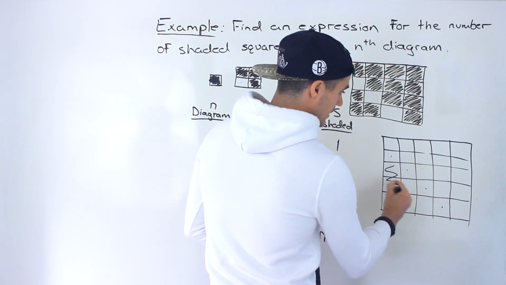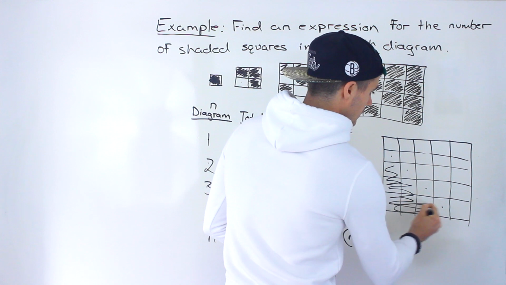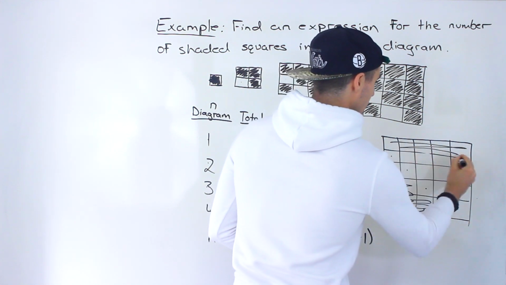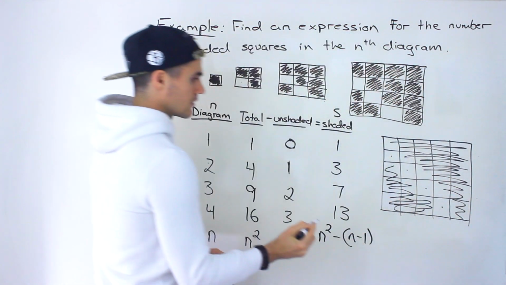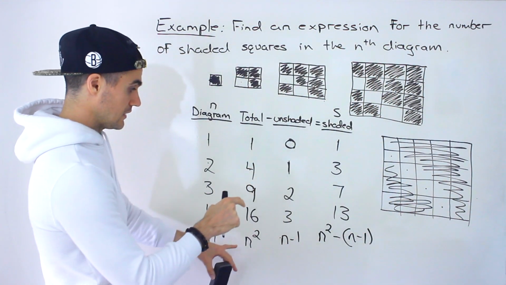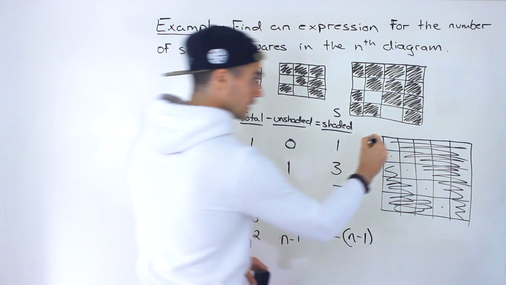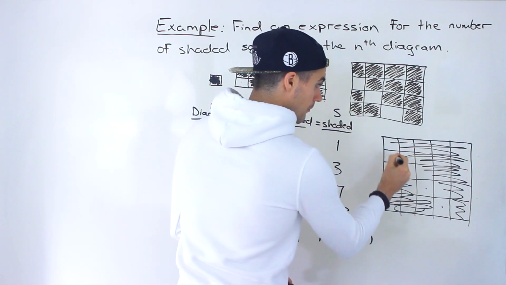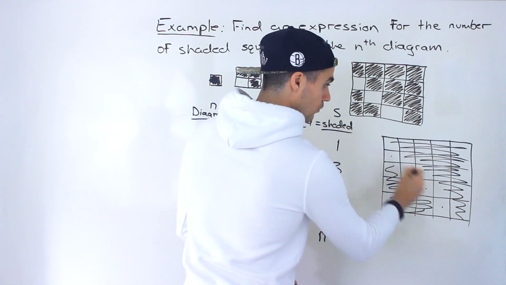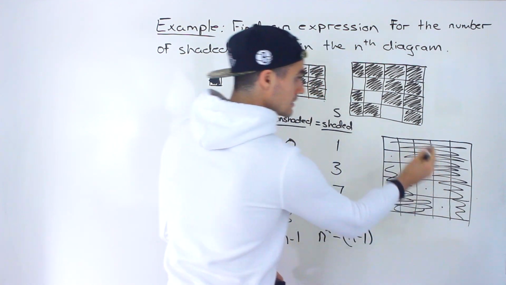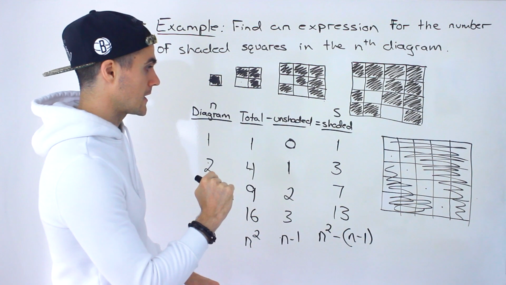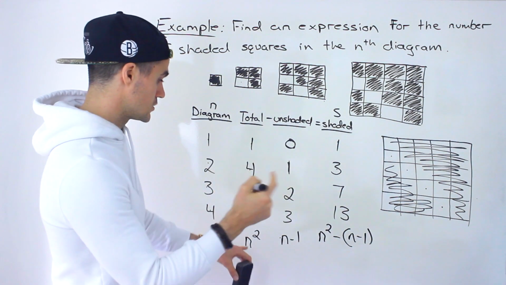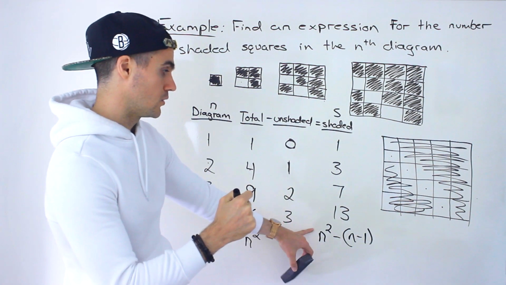And then the rest is going to be filled in like that. The amount that's going to be filled in is the total, 25, minus this 4 over here, that's unshaded, to give us the number of shaded regions to be 21. 25 minus 4 would give us 21.